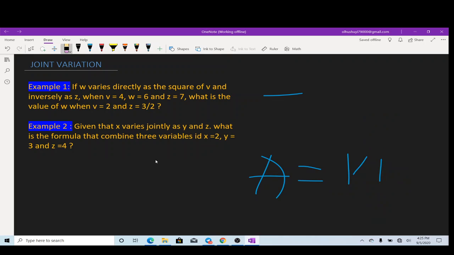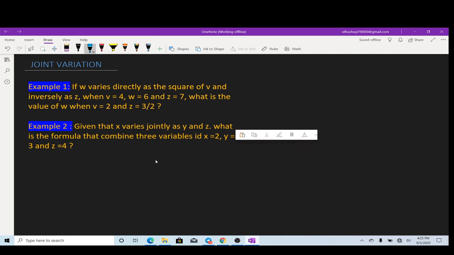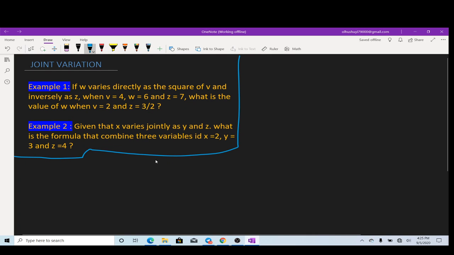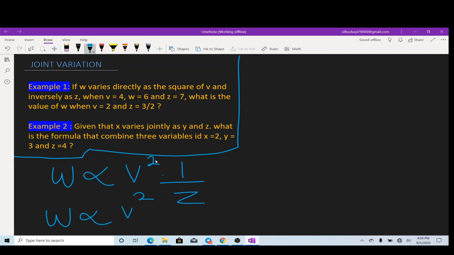So let's clear this and go to example 1. If W varies directly as the square of V, that's V squared, and inversely as Z, that's times 1 upon Z, then W varies as V squared upon Z. That's what it means.